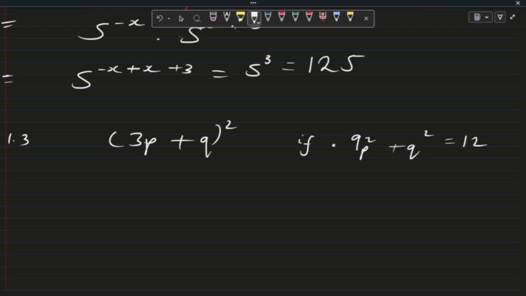So this is the first given information, and then p times q, or pq, is minus 3.